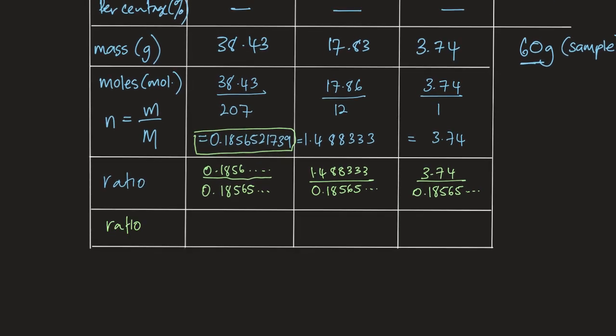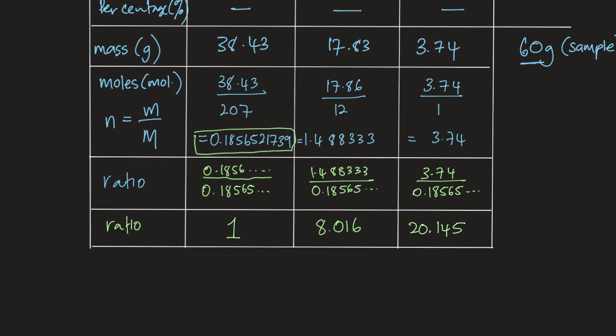All right, the next thing you need to do is get the ratio. Now, for this ratio, I'm going to get 1 there. But for the second one, I'm getting 8.016. And for the last one, I'm getting 20.145.